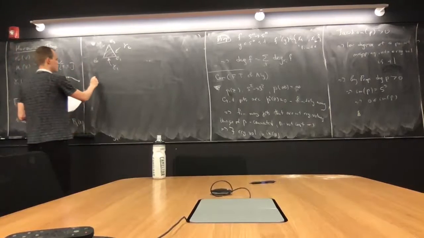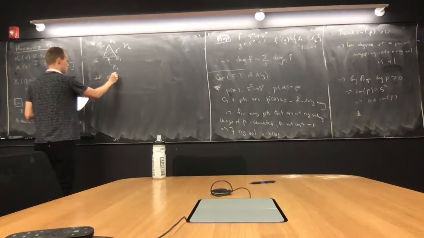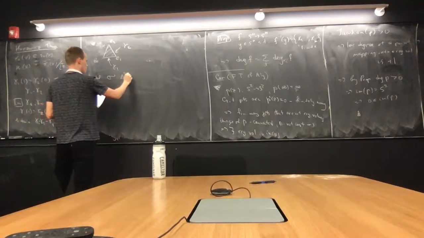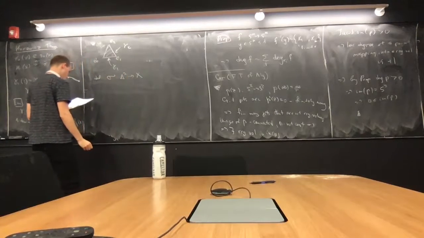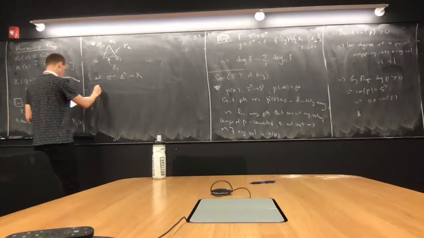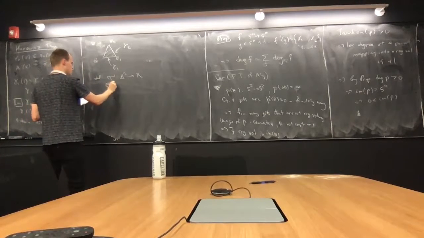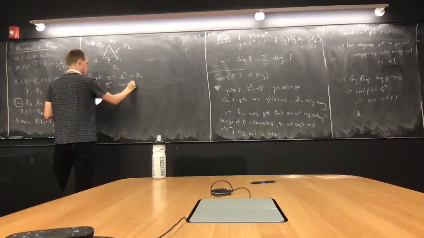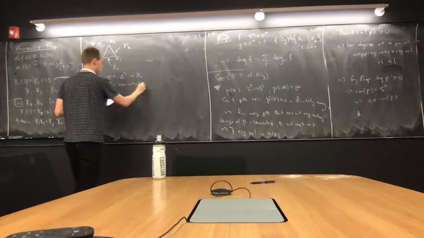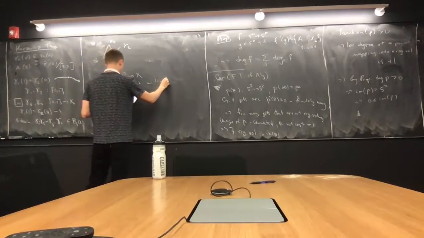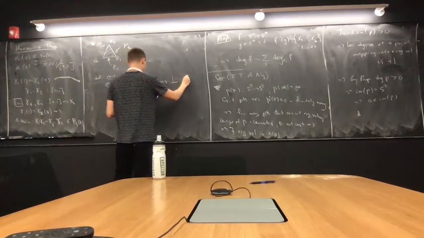So I want to define a singular simplex by saying that sigma is constant on lines perpendicular to E0.